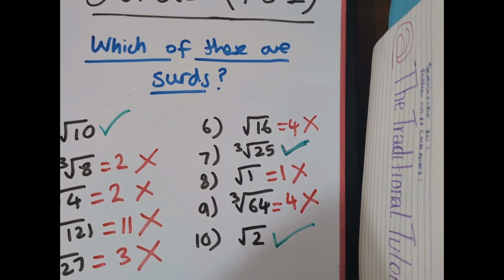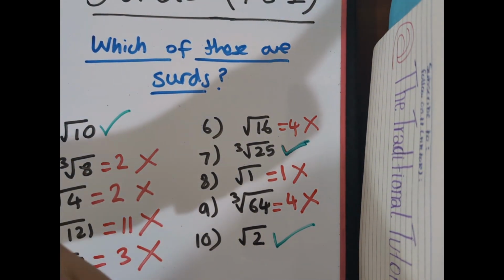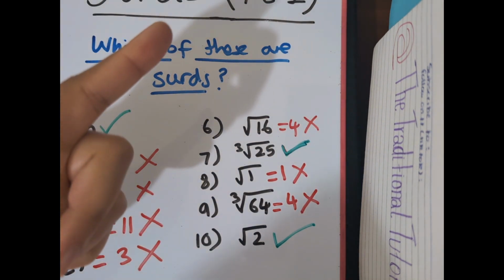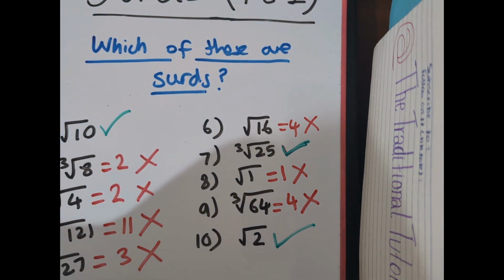By irrational, what we mean is that it is a decimal that doesn't terminate, doesn't stop, and it never starts recurring either. So hence, it can't be written as a fraction, and therefore it is an irrational number and hence a surd.